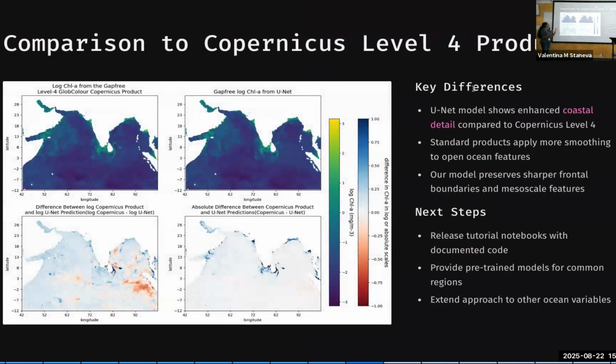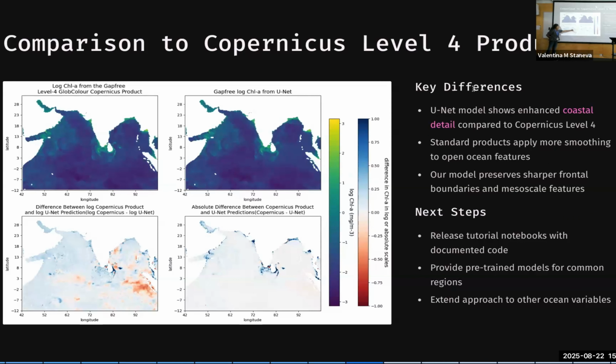This is the comparison between the Copernicus ground truth and the UNet. There is something called absolute difference and difference. Absolute difference is a better way of measuring accuracy, and it takes into consideration mean square error.